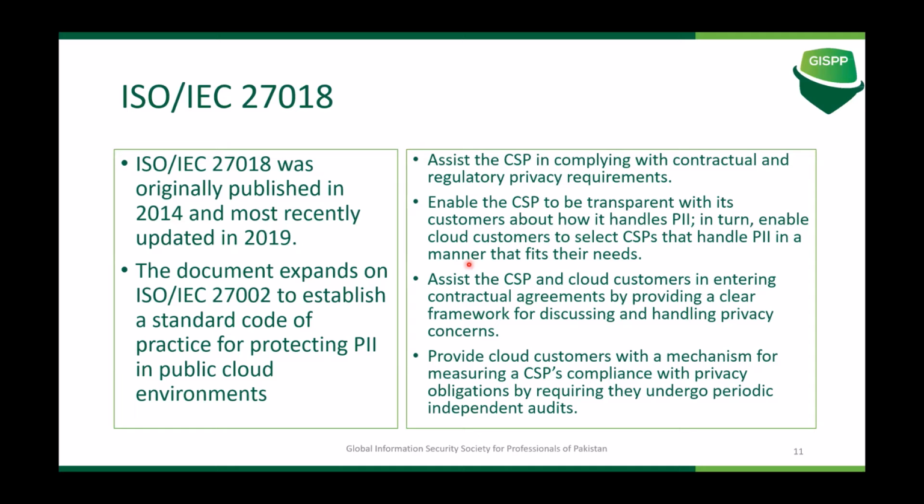If regulatory requirements are not applicable because of the geographical region, then use contractual privacy and use documents like ISO IEC 27018 or 27002 as a guiding principle to write those contracts. That is something your organization can do when they intend to do business with cloud service providers. So that's something that can be handled that way.